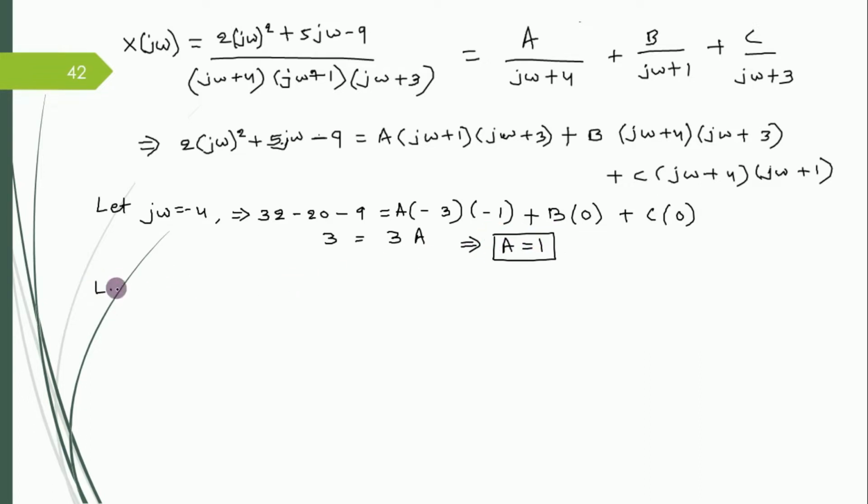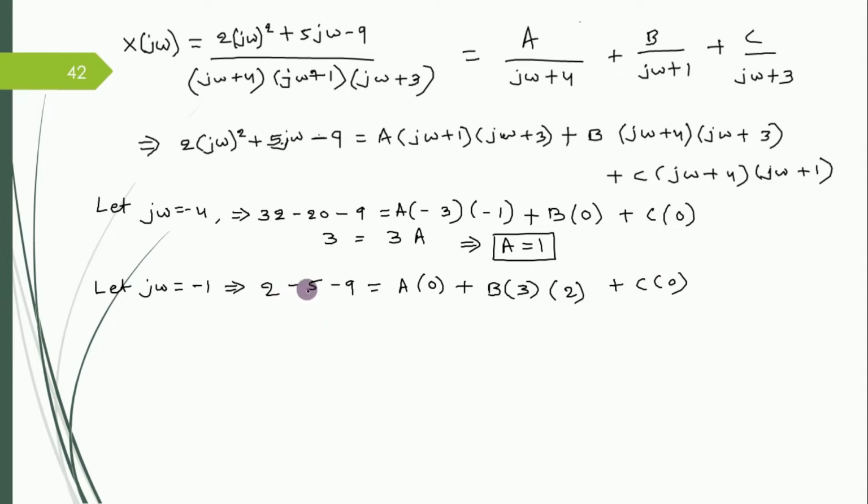Similarly, now we shall retain the B value. So other than 4 and 3, we have minus 1. So let me substitute j omega equal to minus 1. Minus 1 square is 1, so 2 minus 5 minus 9 is equal to: minus 1 plus 1 goes to 0, plus B times (minus 1 plus 3 is 2) times (minus 1 plus 4 is 3), and C goes to 0.